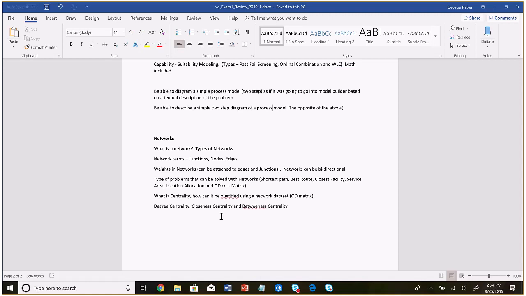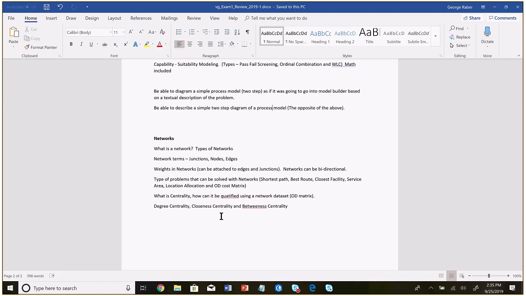So what is centrality? Centrality is a measure of how connected a node or an edge is within the network. I only talked about 3 different types of centrality. So you should be able to identify which ones are which. Degree centrality is how many other network features are connected directly to that one.